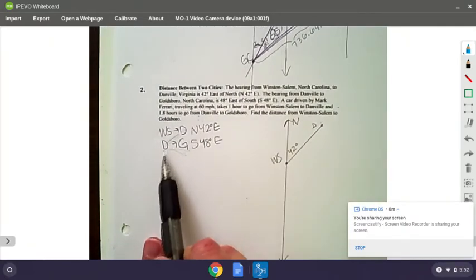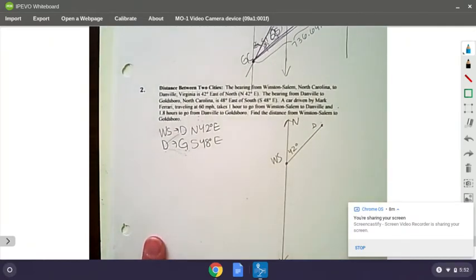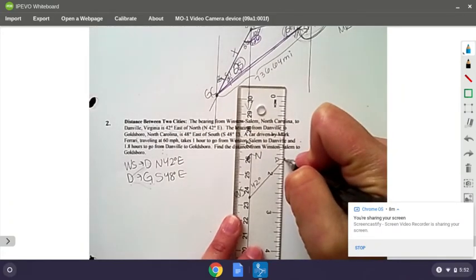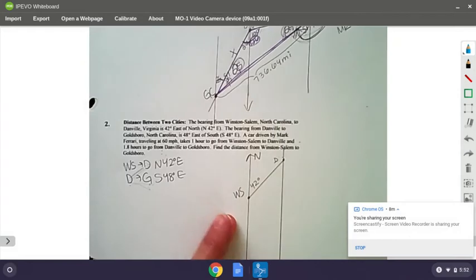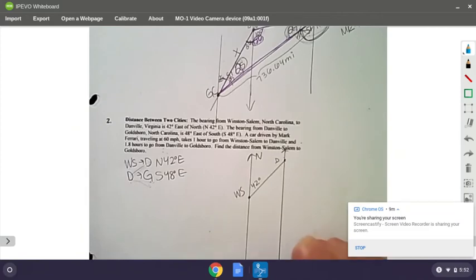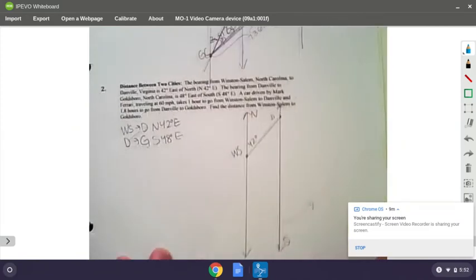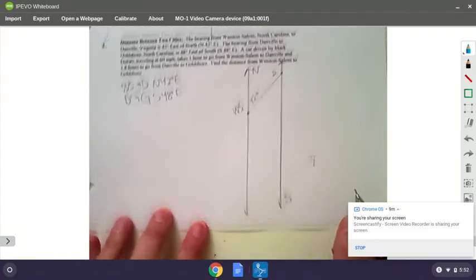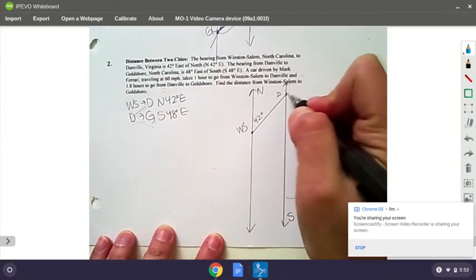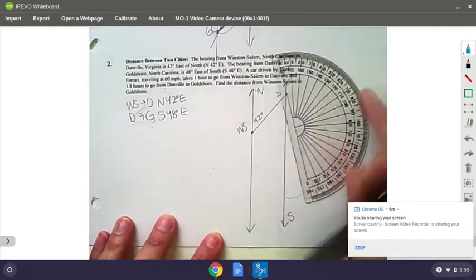Since I need a bearing now from Danville to Goldsboro, I'm going to need a bearing line. So you pick a spot on that line to be Danville, draw a bearing line through it. And now we need 48 degrees east of south. So south is down here, east is this way. So we're going to have 48 degrees this way, but from this vertex.